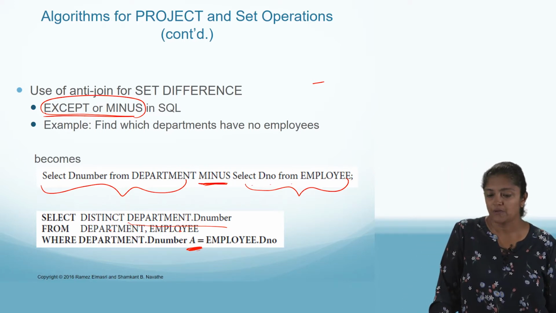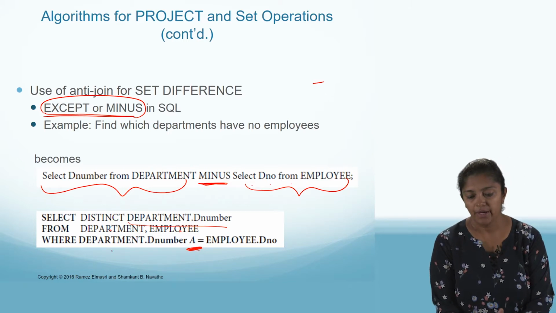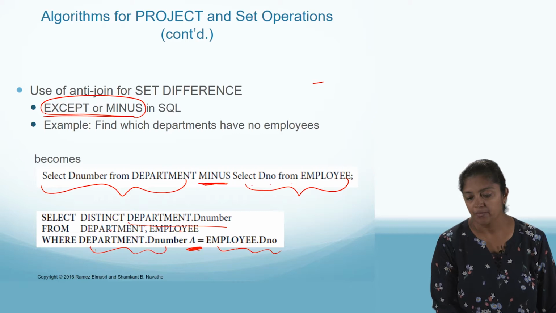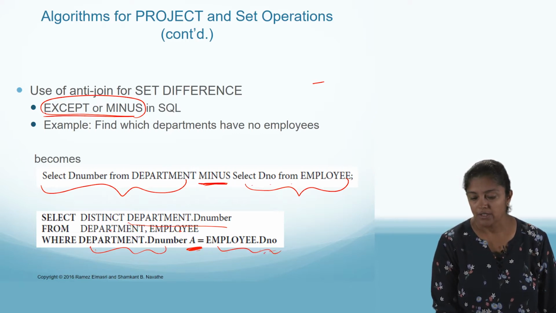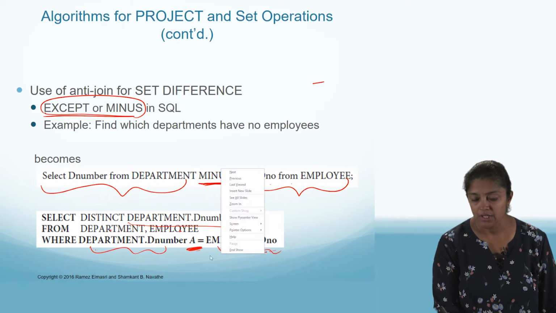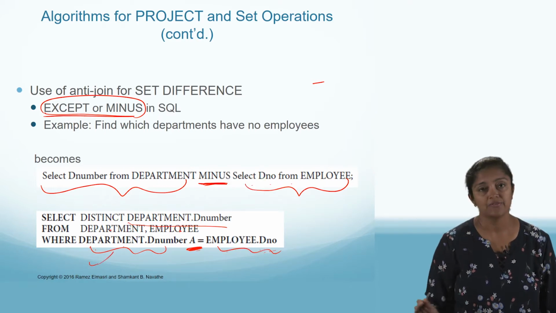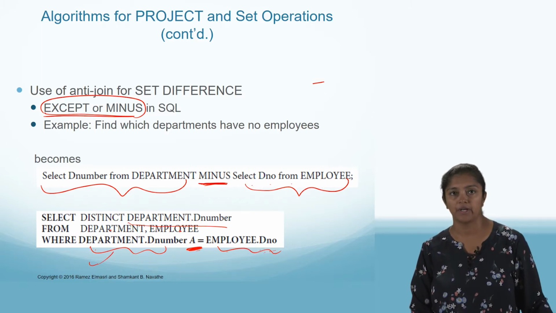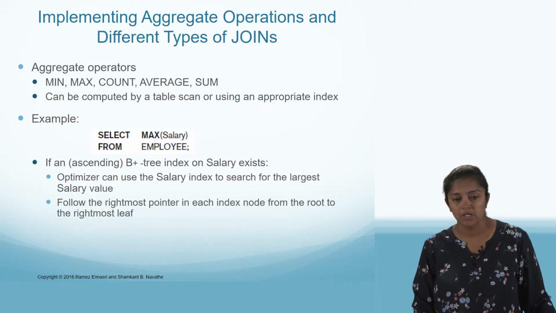What that means is, if you remember, each left side tuple is compared with the right side. The moment a match is found in the right side relation, the tuple from the left side is rejected. That fits perfectly for our set difference operations.